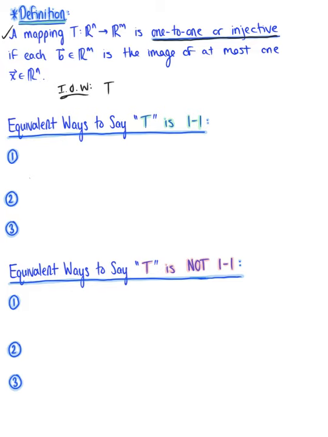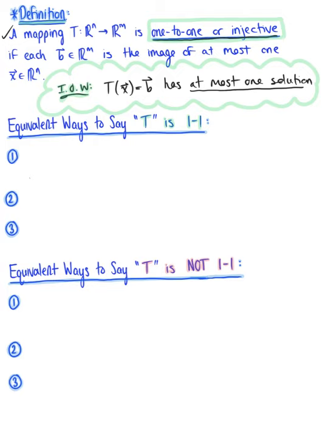Well, it's saying that the equation defined as the image of vector x under the action of T equals vector B has at most one solution. So if this has at most one solution, we know that this mapping is one-to-one.